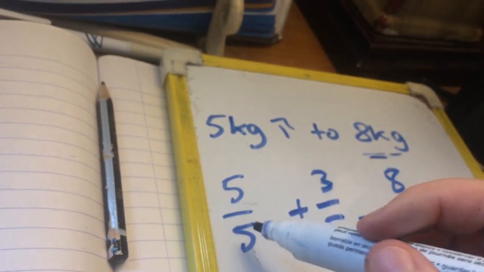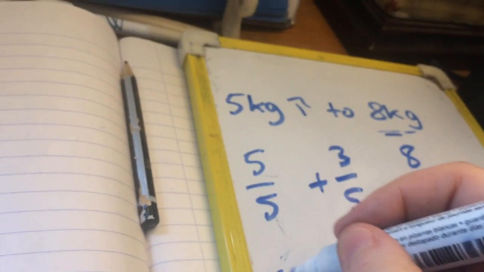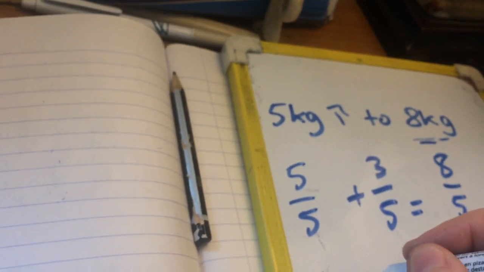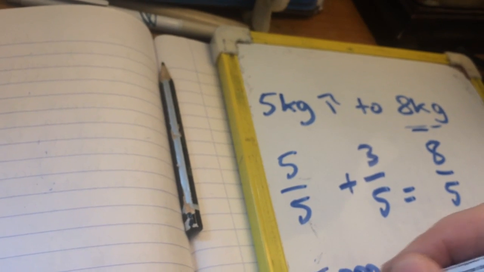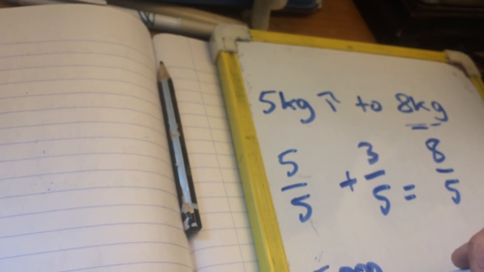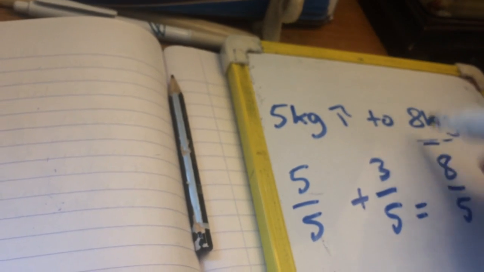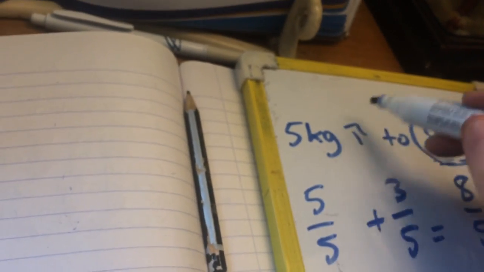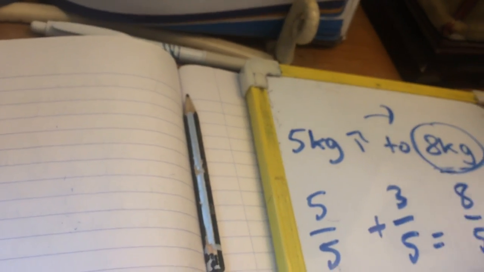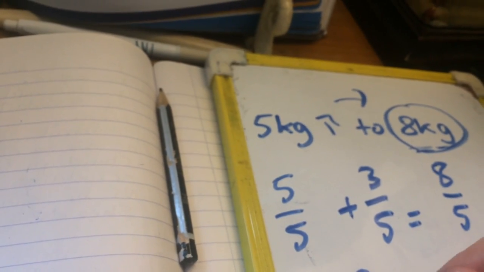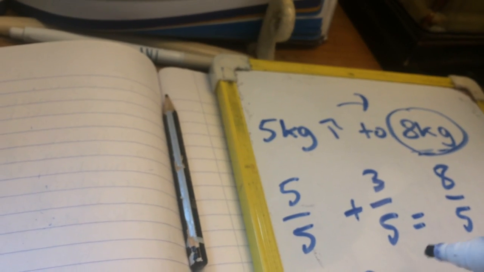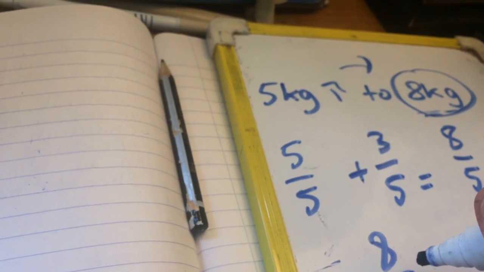Now you might go, how are you getting 5 over 5 there? If we worked it out with just 5 kg, 5,000 over 5,000 plus 3,000, it's an increase of 3, so plus 3 gives you 8 over 5. So 8 fifths is what you're looking for there.